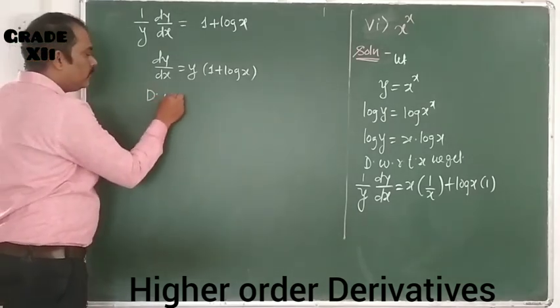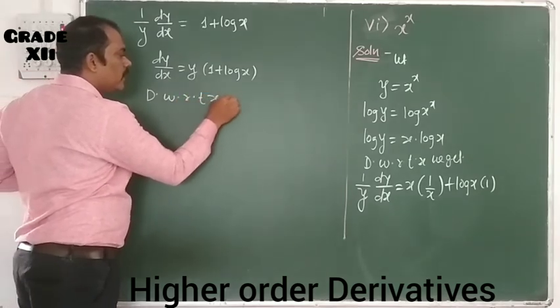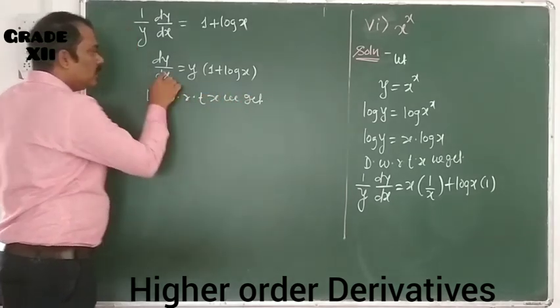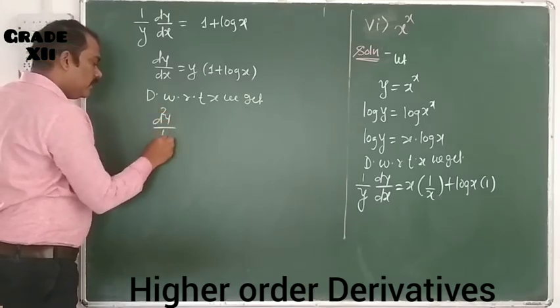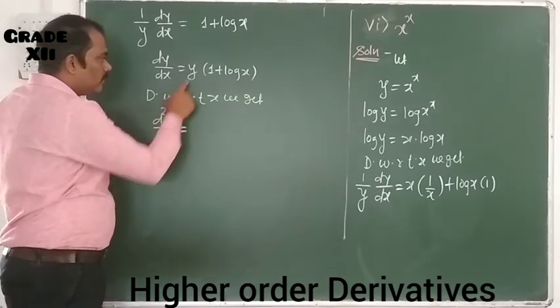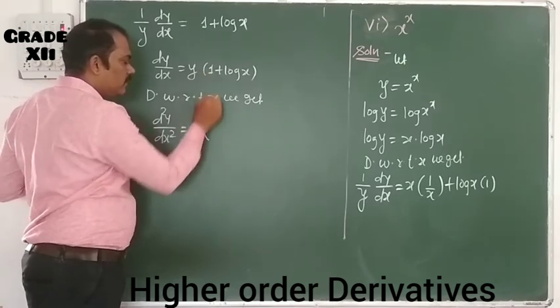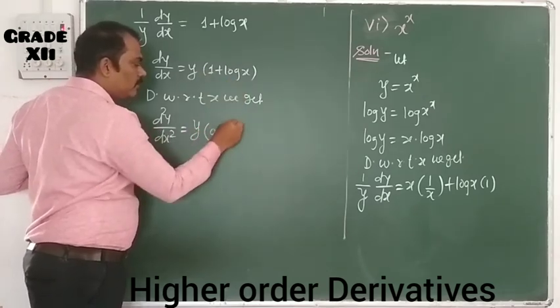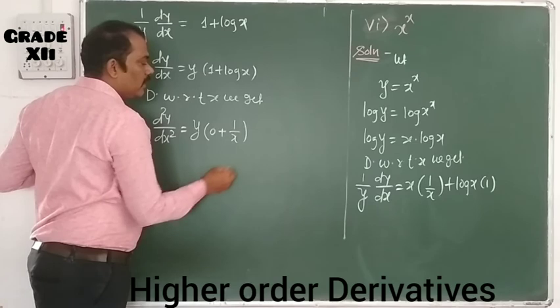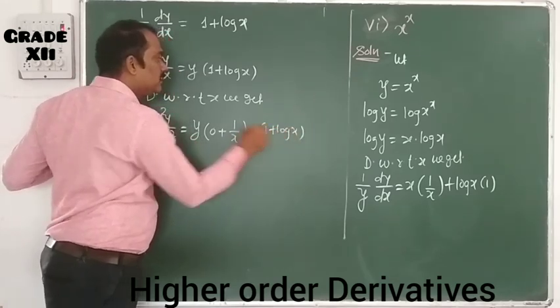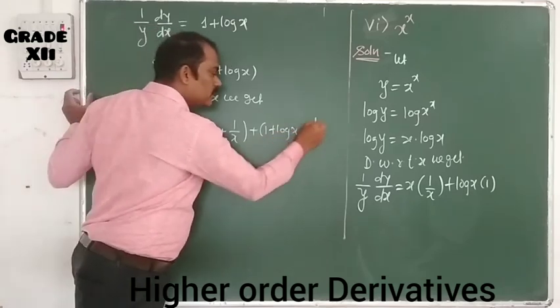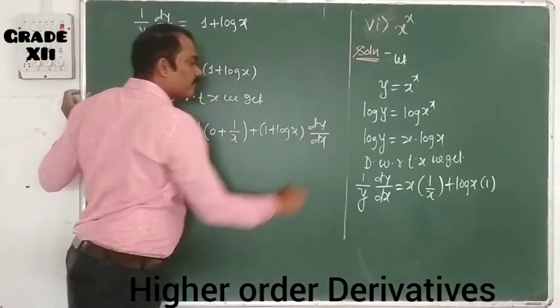So differentiating dy by dx, d2y by dx square is equal to first function as it is, derivative of second, derivative of 1 is 0, derivative of log x is nothing but 1 upon x, plus second function as it is, 1 plus log x as it is, derivative of y with respect to x is nothing but dy by dx.